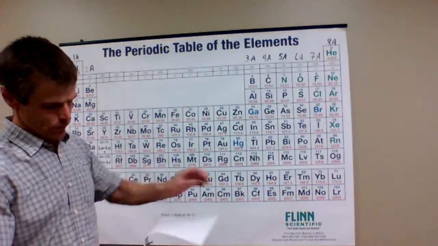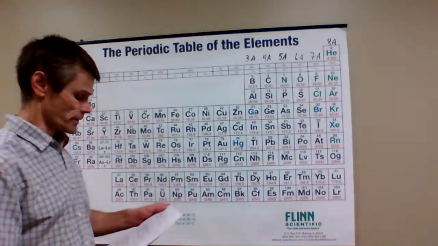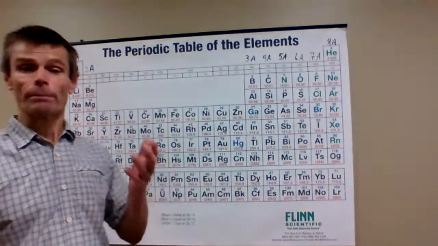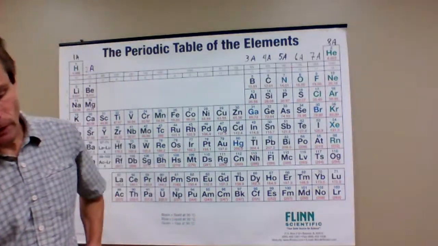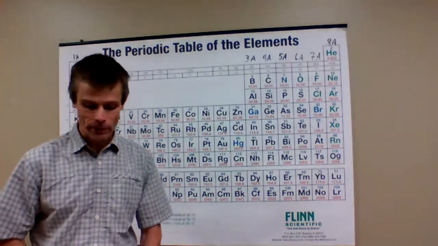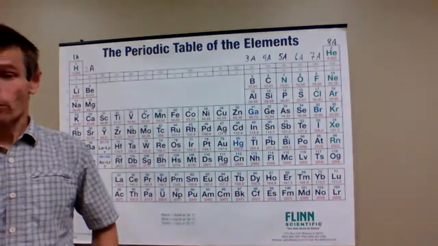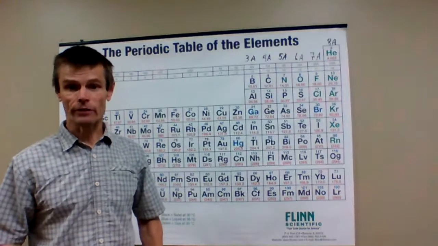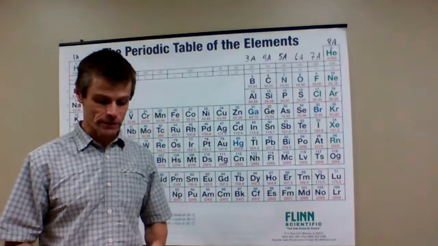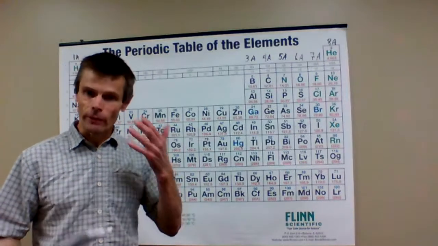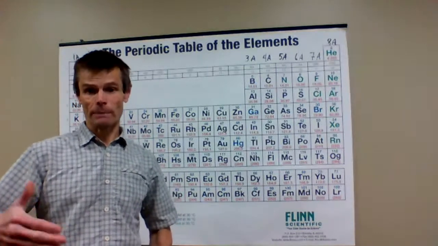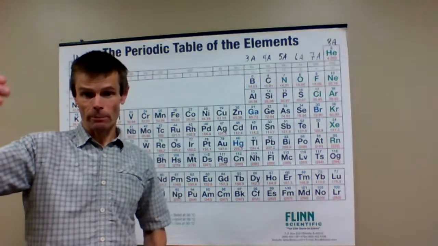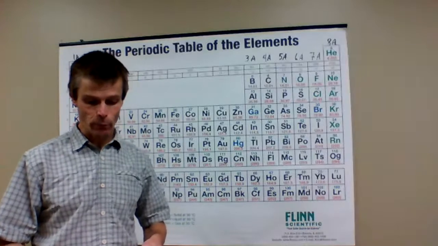So before we get into any detail about the periodic table, we need to define what a periodic property is. So simply stated, a periodic property is a property of an element. And in your textbook, the author discusses densities of elements and how the densities of elements can be predicted based upon an element's position in the periodic table.